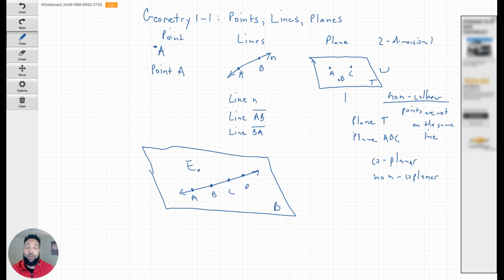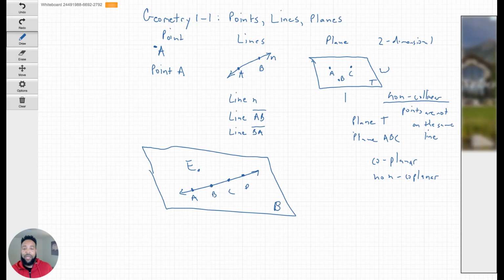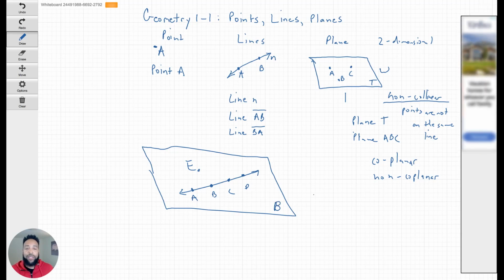All right, so in this example, this is the letter B. We can say that this is plane B. See that? There's also a point E on the plane.